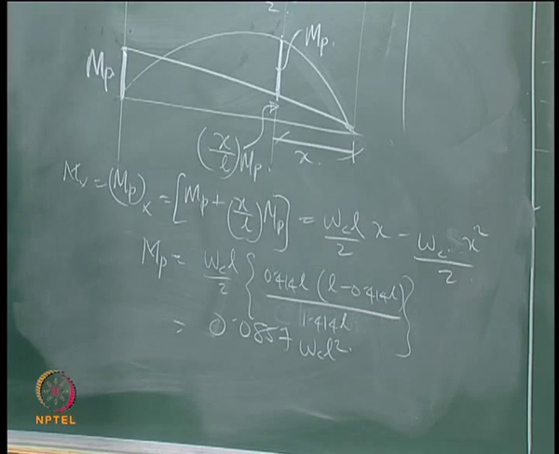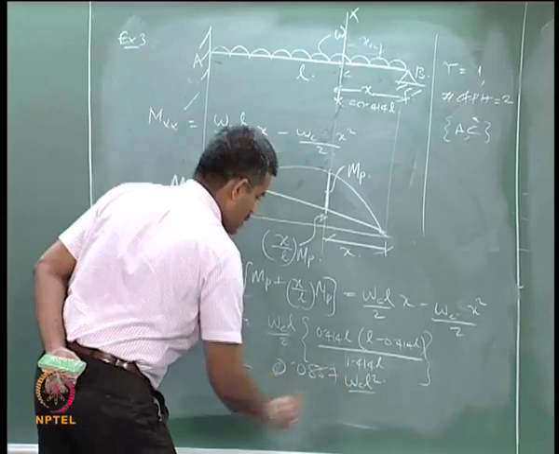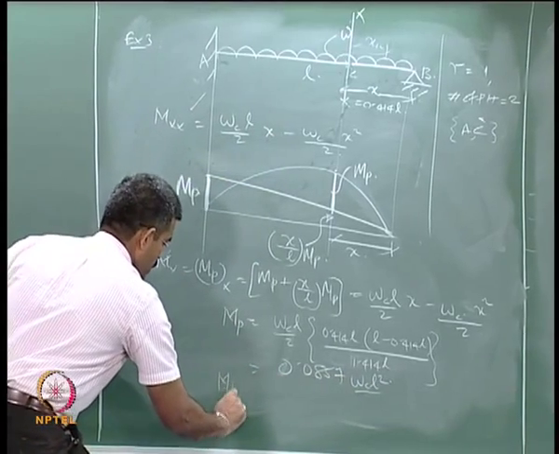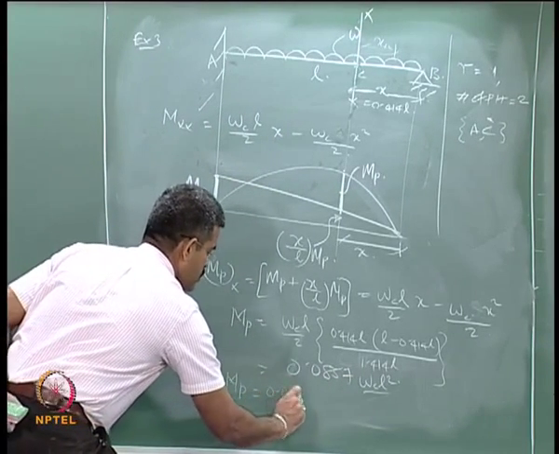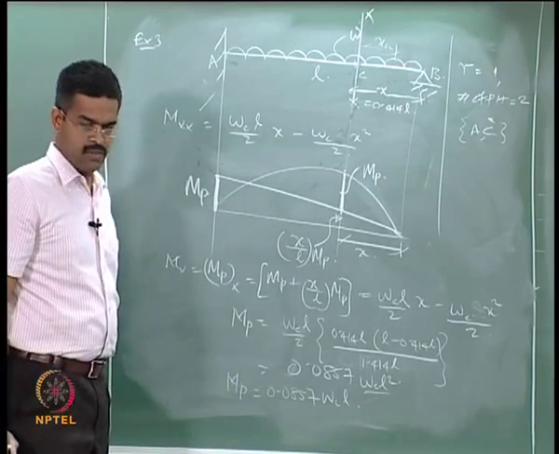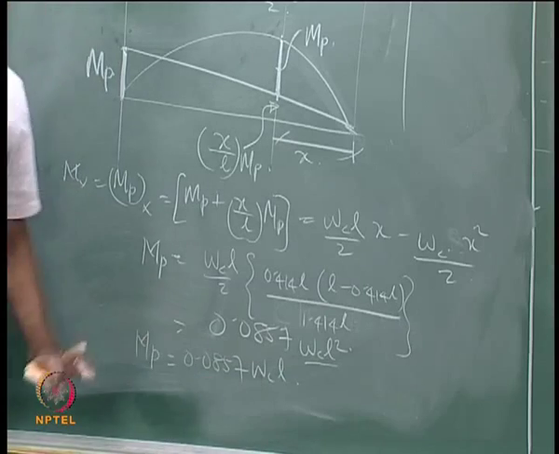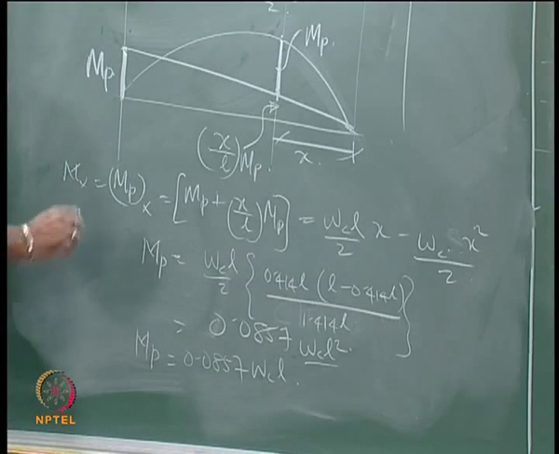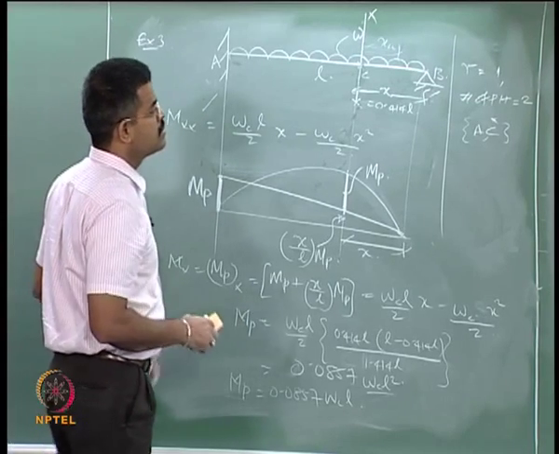Okay. So, if I say WC L is capital WC, so MP is equal to 0.0857 WC L, okay, I can say this. Small WC into L is capital WC. So, can I say what is WC? I am interested in WC.